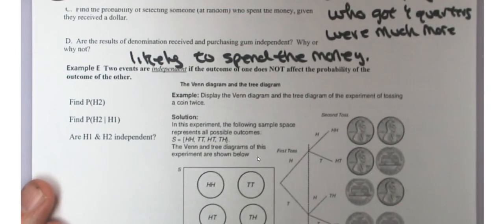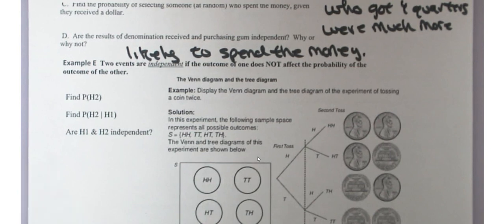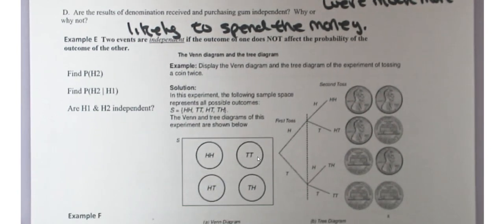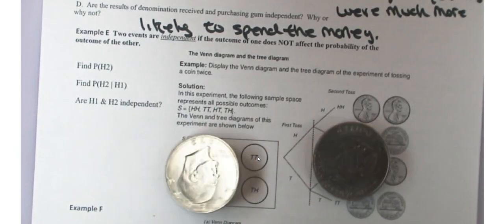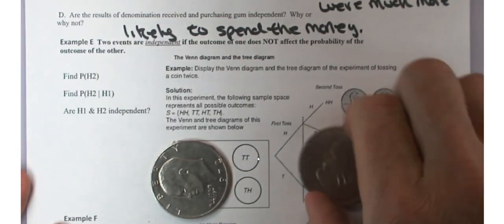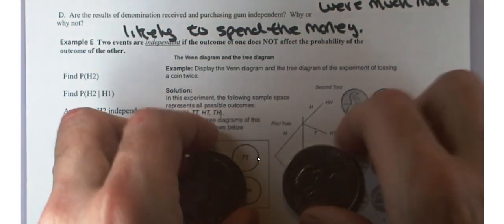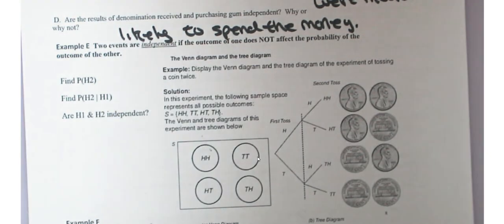Let's do our best. And it's going to continue with this one. We're going to flip a couple coins. We're going to bring back our nice 1972 silver dollars. So there's a total of 4 possible things that can happen when you flip a couple coins.